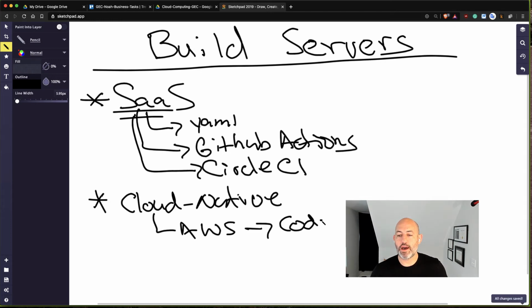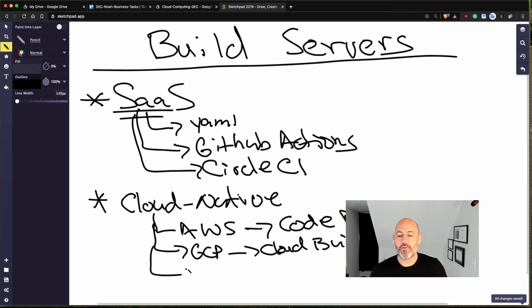And why do they have CodePipeline? Because it deeply integrates into their cloud environment and makes it easy to work with their cloud system. Likewise, Google Cloud has, I think it's called Cloud Build. GCP has Cloud Build, same thing. It integrates deeply with, let's say, Google App Engine or other parts of their cloud ecosystem.